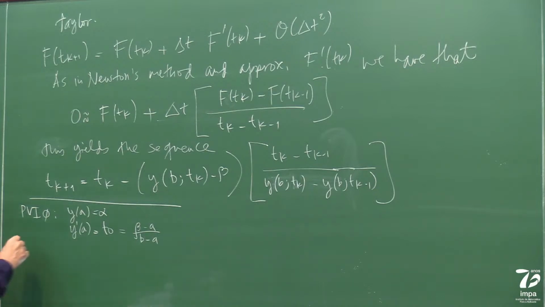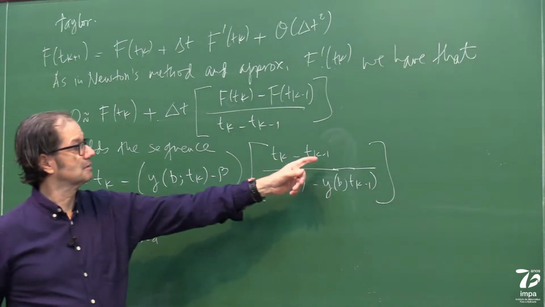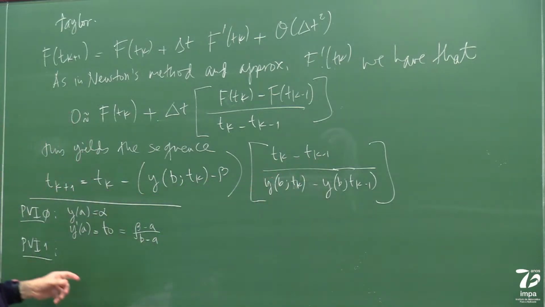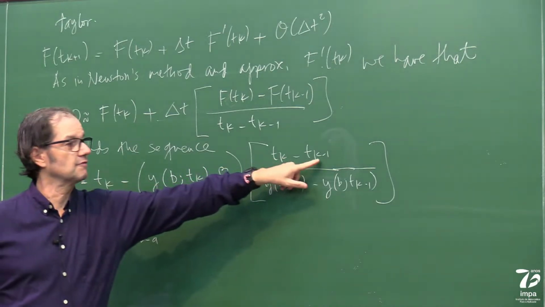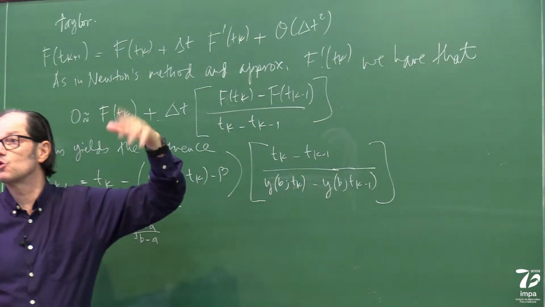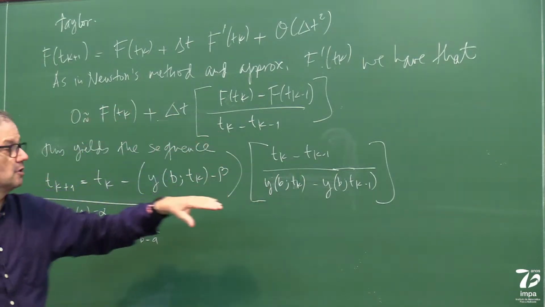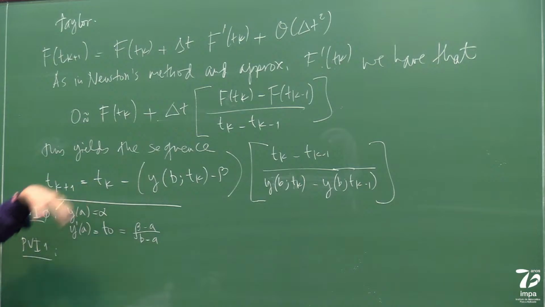We don't have it. The second, PVI 1, we don't have this guy yet, right? So if I put k equal to 0 here, I'm getting T1. I have the T0, but I don't have the T_{k-1}, so I still have to cook up some approximation, and then I go afterwards using this formula, okay?